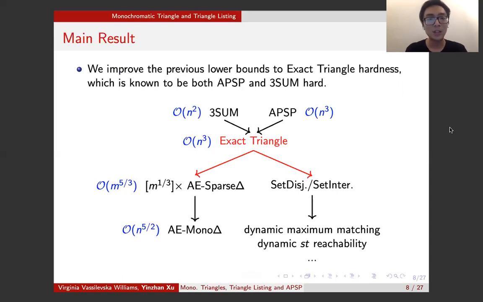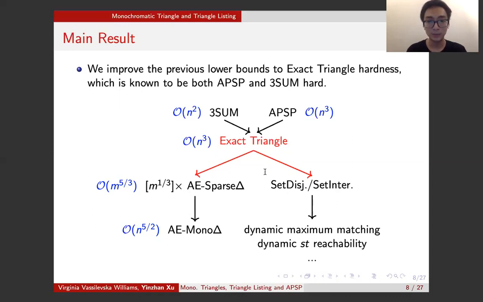In our main result, we improve the previous lower bound to exact triangle hardness. Here, we replace 3SUM by exact triangle. In the exact triangle problem, we are given a weighted graph, and we need to determine whether there's a triangle whose edge weights sum up to 0, or sum up to t for some given integer t.